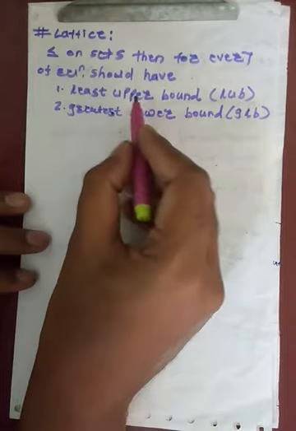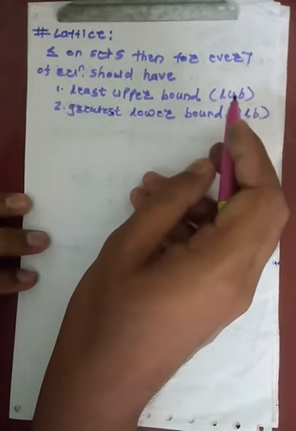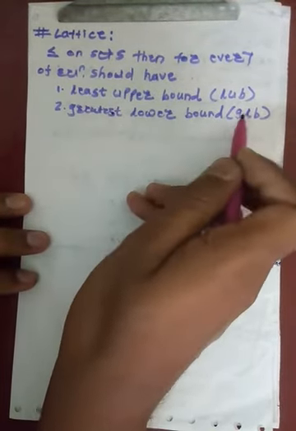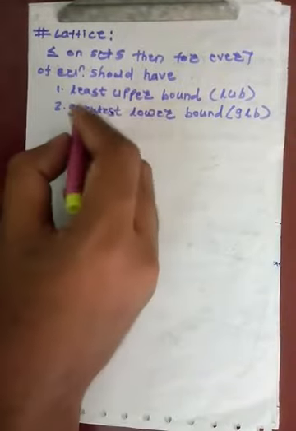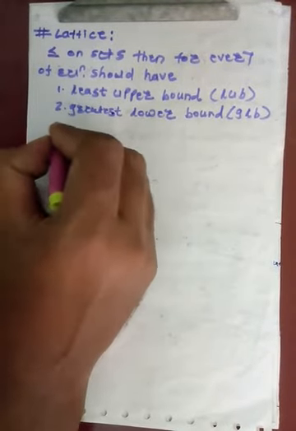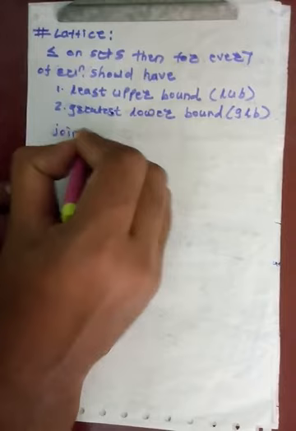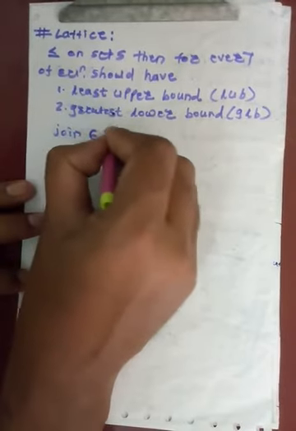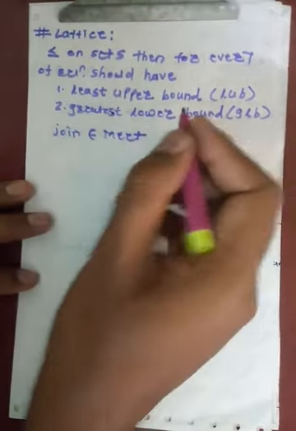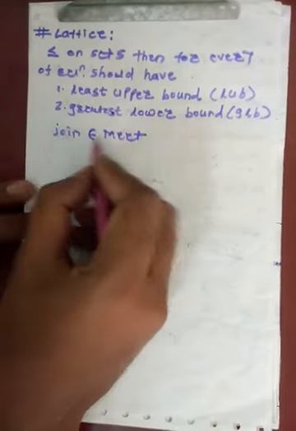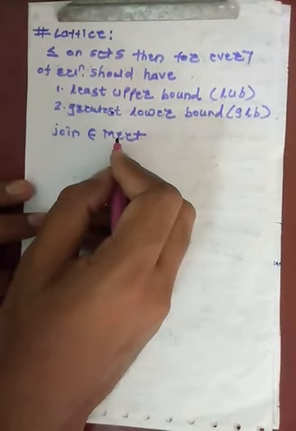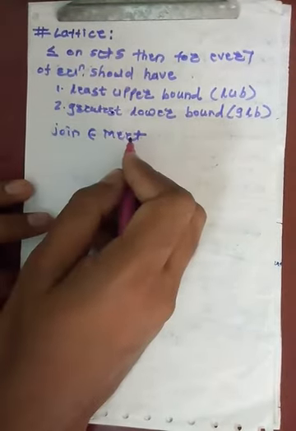So every pair of a partial order relation should have a least upper bound, that is LUB, and a greatest lower bound, that is GLB. It is also called join and meet. So every pair has a join and meet.